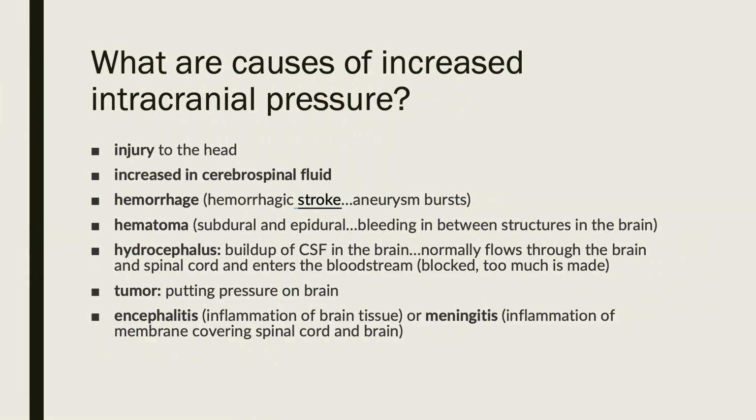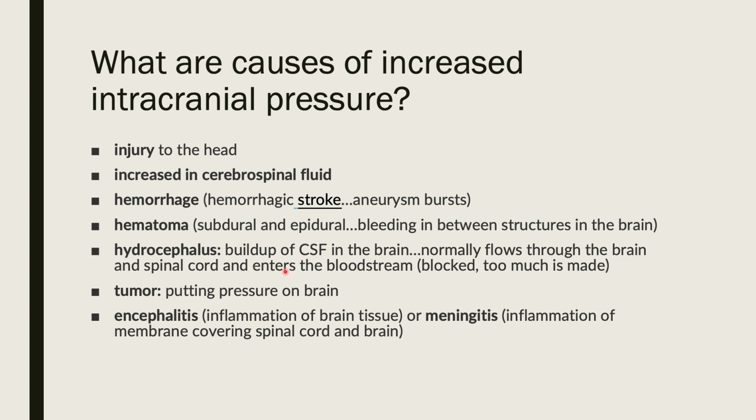So what are some of the causes of increased intracranial pressure? Well, an injury to the head, an increase in cerebrospinal fluid. Remember I talked about any blockage that causes it to back up, or inflammation, hemorrhage, either from a hemorrhagic stroke, an aneurysm bursting, a hematoma that's in the subdural or epidural spaces that's bleeding in between structures in the brain, hydrocephalus.